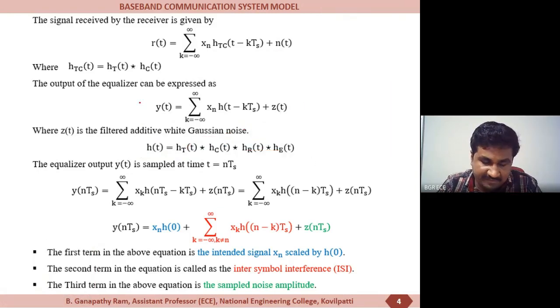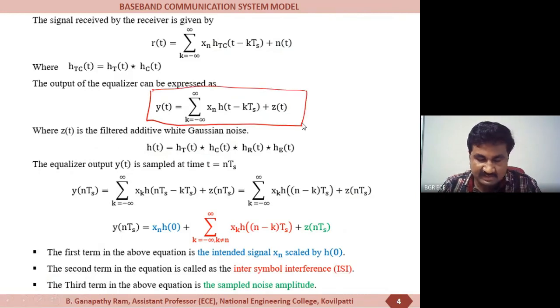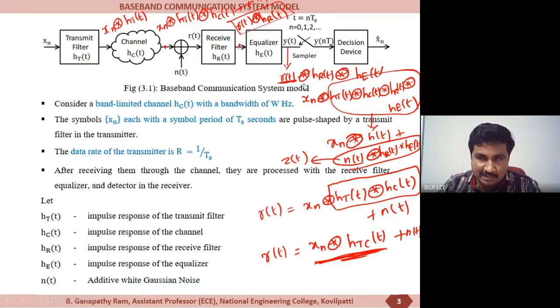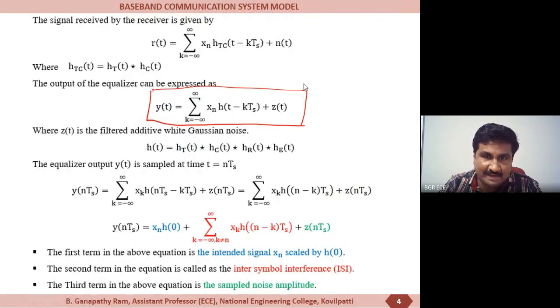Now this is y of t. Now this y of t is allowed to the sampler. Now the sampler will do sampling and it will take the samples at time t is equal to nTs.